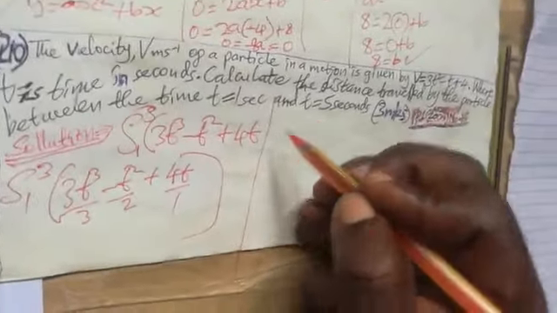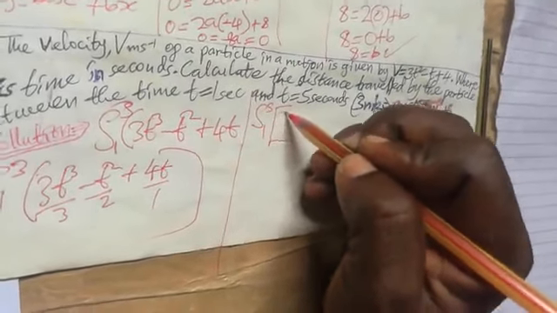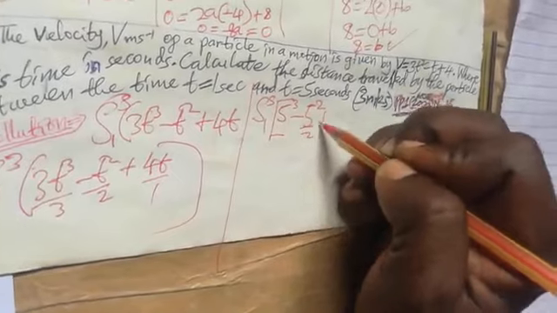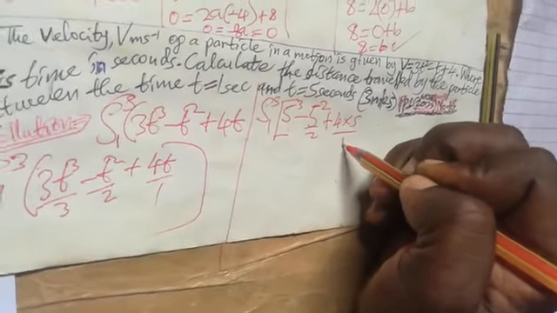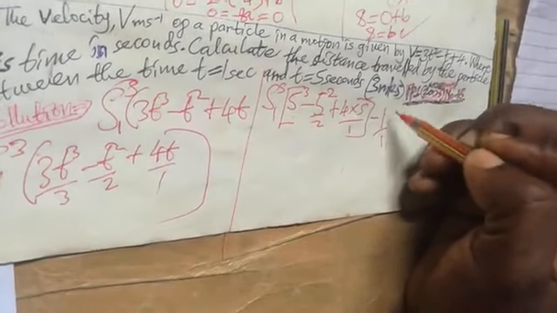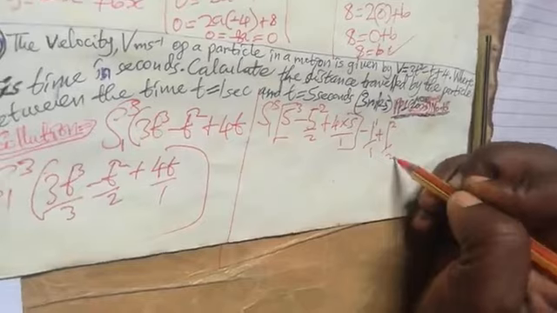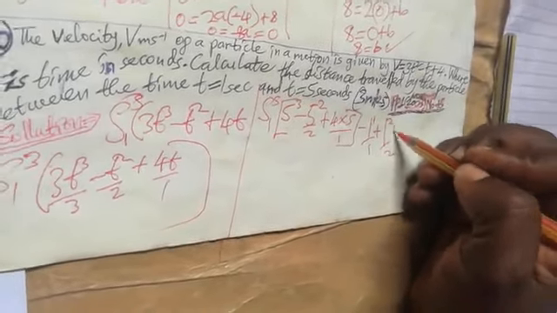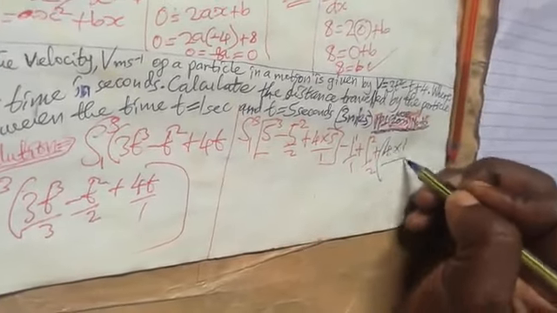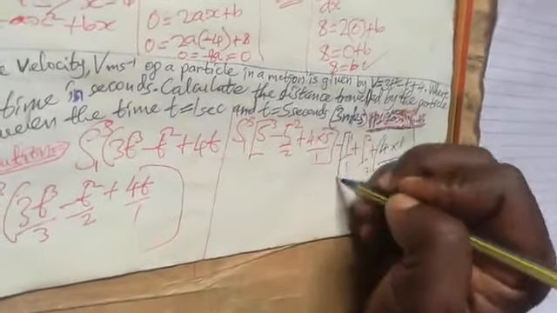This will be given by the value at 5 minus the value at 1, which is 5 power 3 over 3 minus 5 squared over 2 plus 4 times 5, minus 1 power 3 over 3 minus 1 over 2 plus 4 times 1 over 1, all under brackets.